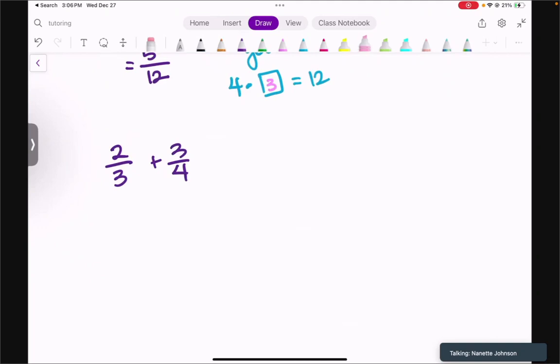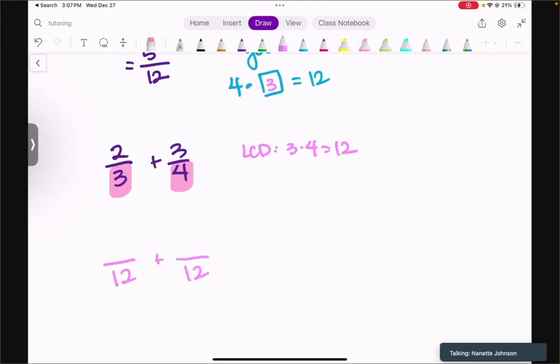I want you to multiply our denominator times our denominator. So to find my least common denominator, I multiplied 3 times 4, which is just 12, and that's going to be my denominator down here. That's going to be 12, and that's going to be 12.